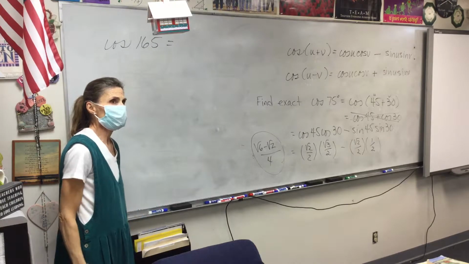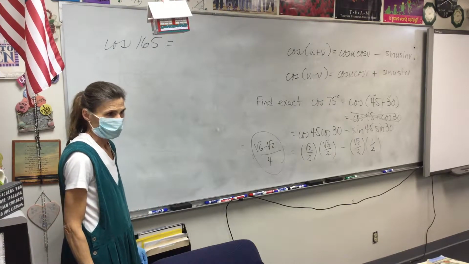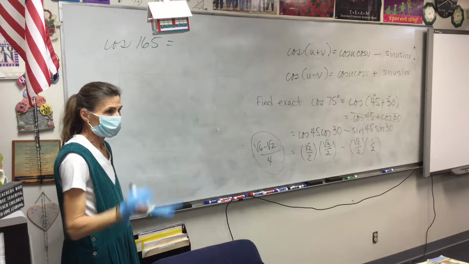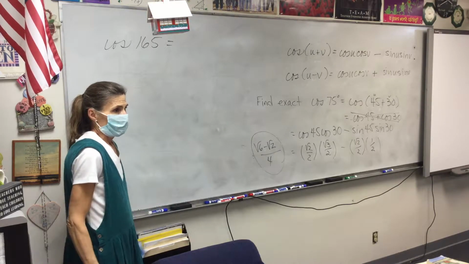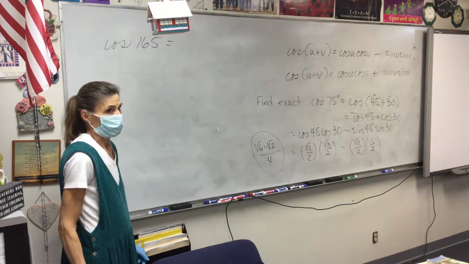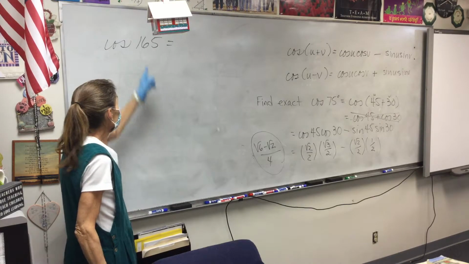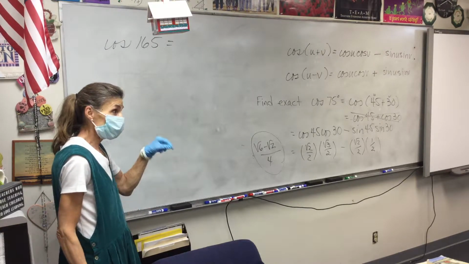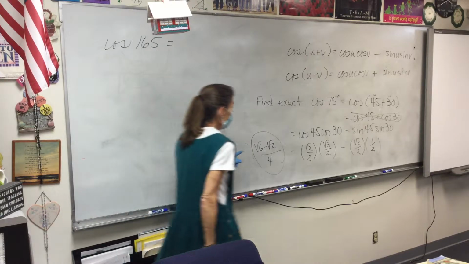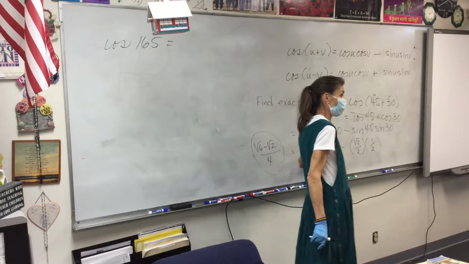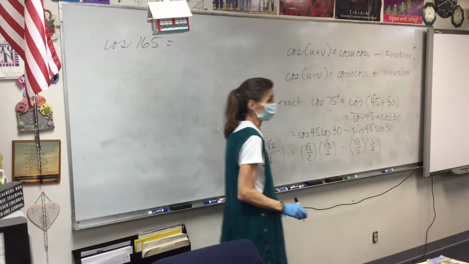Whoa, 165. Okay, you've got to think of two things that either add up or subtract to give you 165. And the two things you think about have to break down to 45, 60, or 30.